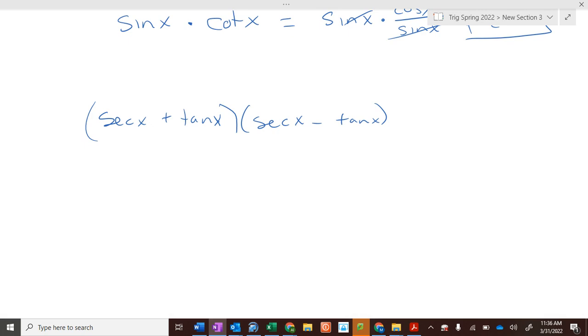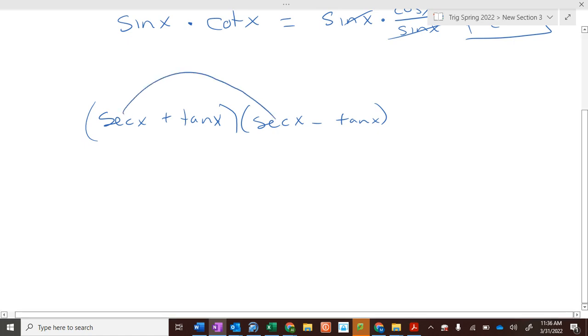These are conjugates of each other. What always happens in conjugates? The middle two terms always cancel. We're doing good. So what's secant times secant? Secant squared of x. Outers and inners always cancel, so we don't even have to mess with them. Last times last is negative tangent squared.